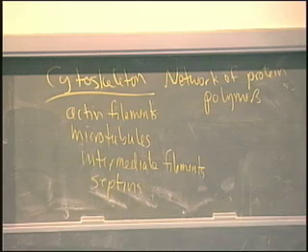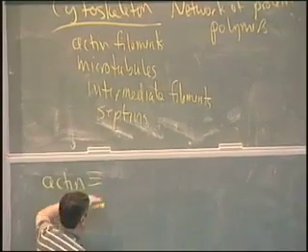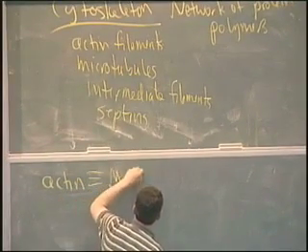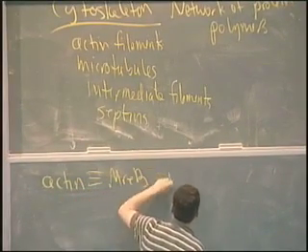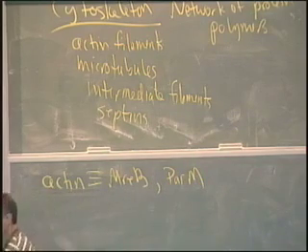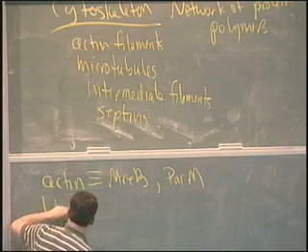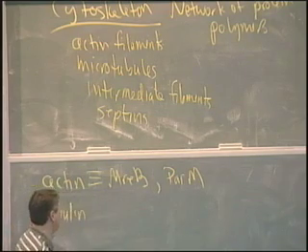So related to actin in bacteria are proteins called MreB and ParM. And related to tubulin is a protein called FtsZ. Tubulin is the subunit protein that makes microtubules.